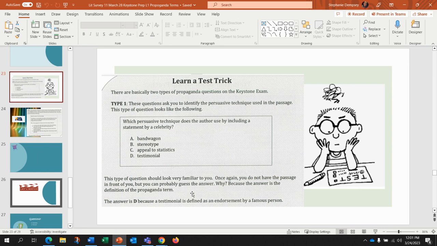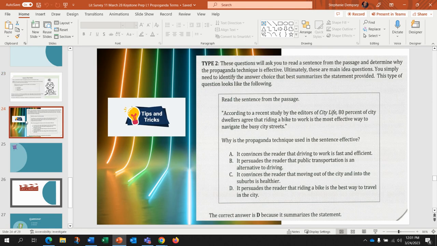This type of question should look very familiar since we just talked about them. You don't have the passage in front of you, but we can probably guess the answer because the answer is the definition of the propaganda term. The answer would be D because a testimonial is used as an endorsement by a famous person. So we don't have to even read the passage, but of course you will.